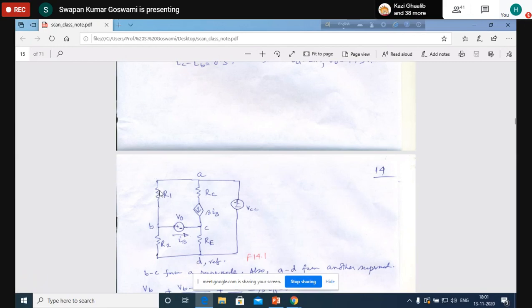Roll number 87. Present. Roll number 88. Yes, sir. Roll number 89. Roll number 91.